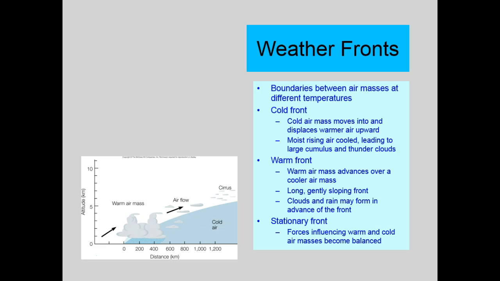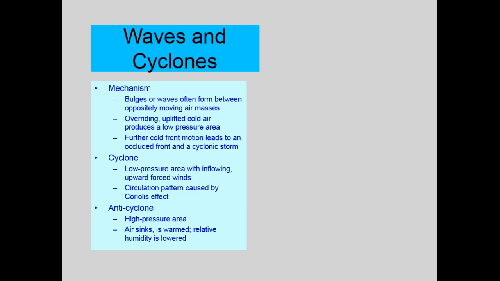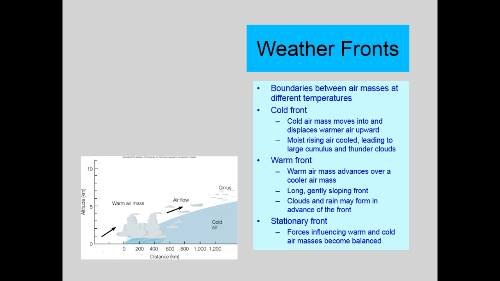Does that make sense? Now, there is another type of front shown here, but they don't have a picture of it on this slide. This is called a stationary front. And this is when the forces influencing the warm and the cold air masses become balanced, and nothing happens, okay?